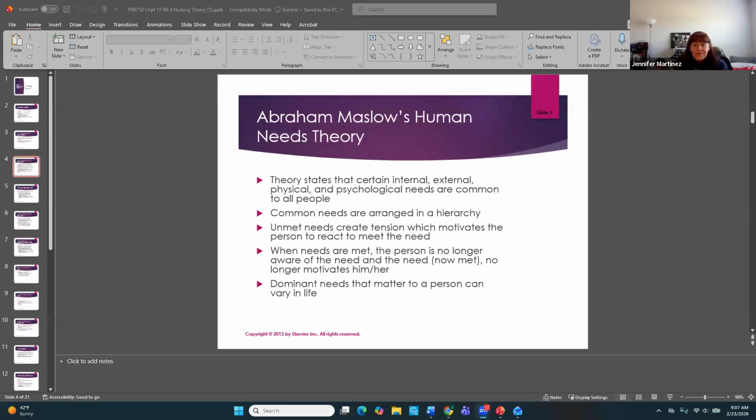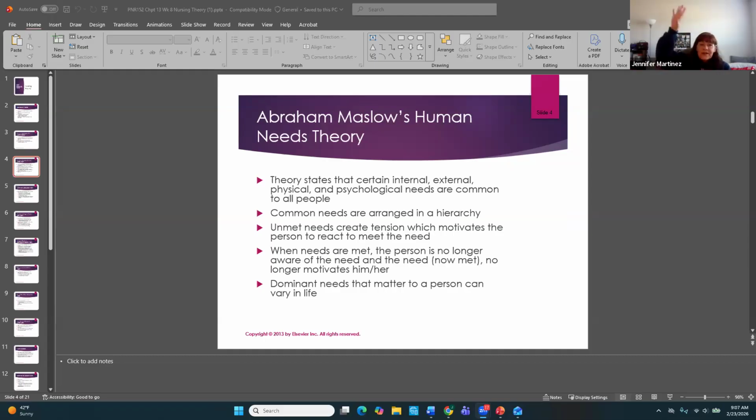You also should be very familiar with Abraham Maslow. He wasn't a nurse, but he was a psychologist. But his human needs theory, we use it within nursing as well. His theory states that certain internal, external, physical, and psychological needs are common to all people, right?